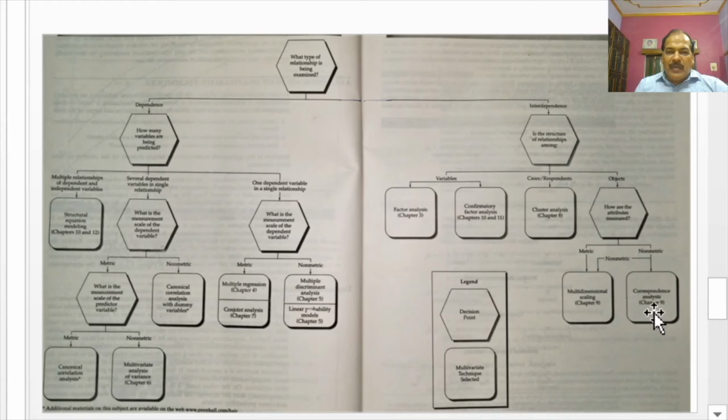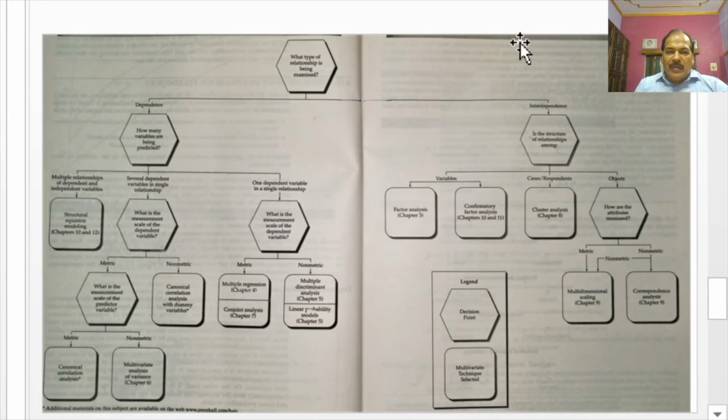All these multivariate statistics are subject to different assumptions, like linear relationship, multicollinearity, and multivariate outlier assumptions.